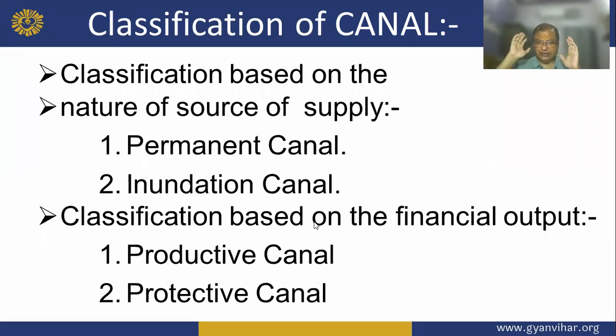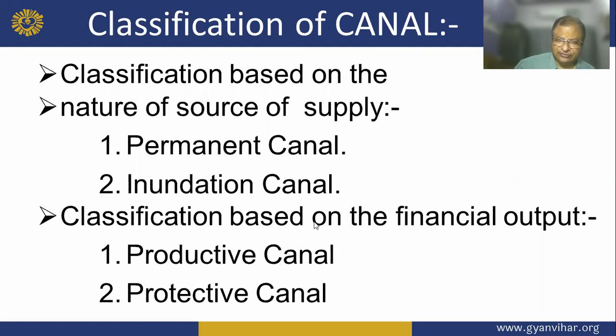So the canal which has joined one basin to a second basin is called a permanent canal. A hydroelectric project is also a permanent canal. Now we will read the others one by one.